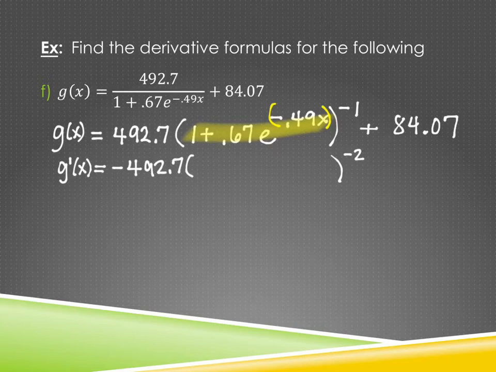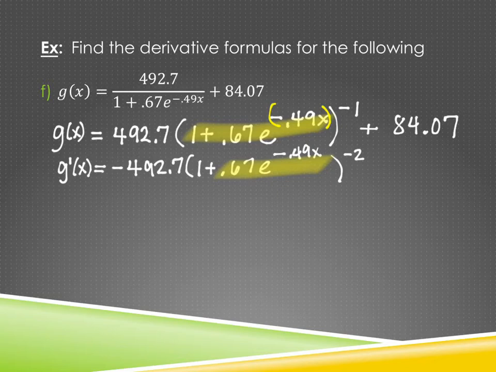Now the part that's highlighted in yellow will get rewritten like that. That part is an exponential function. Mark mentioned that one earlier. So we're going to take the derivative of an exponential function. Well, the 1 plus at the beginning, what's its derivative? That one's 0, so I don't need to worry about that.